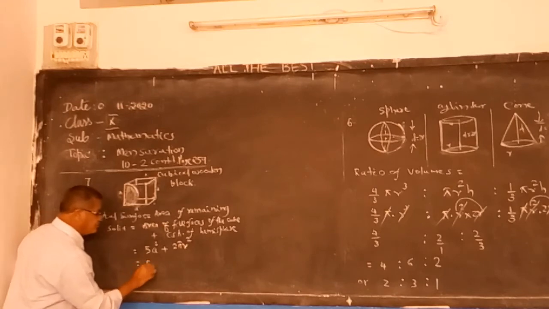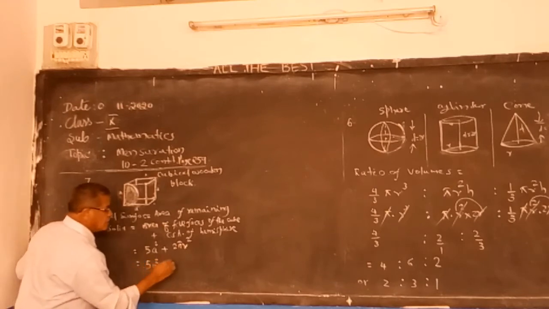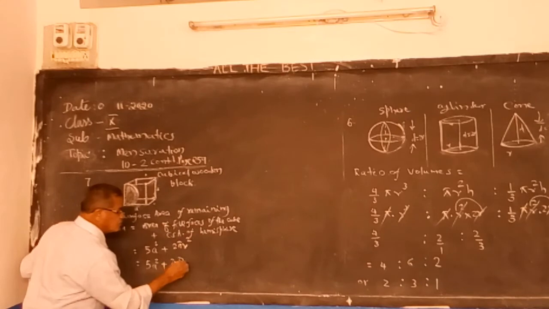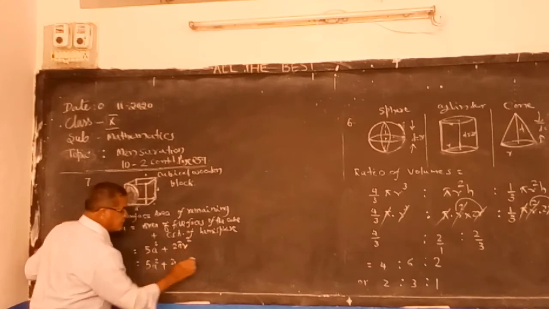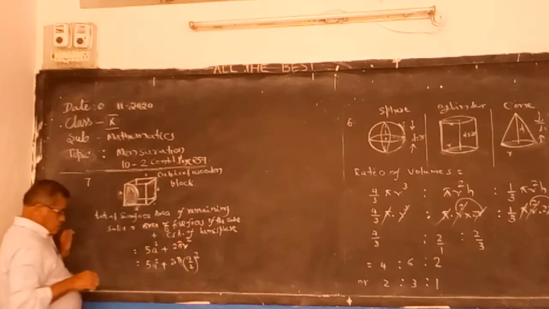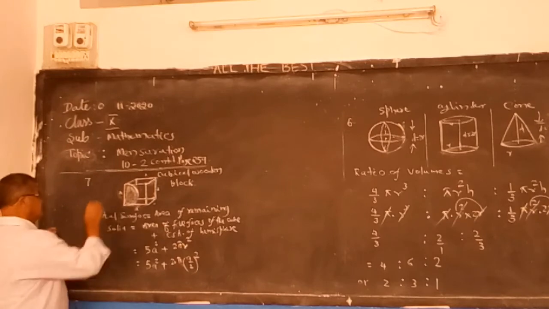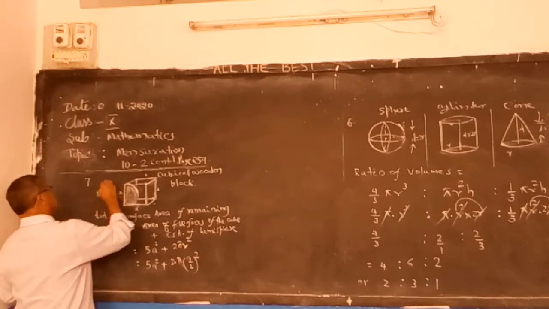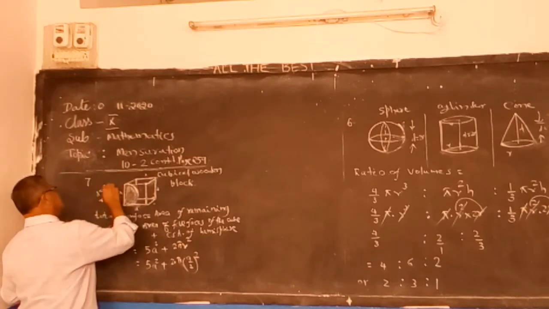5a squared plus 2 into pi, you keep pi only, r is a by 2 squared, because here the diameter is equal to a and r is equal to a by 2.